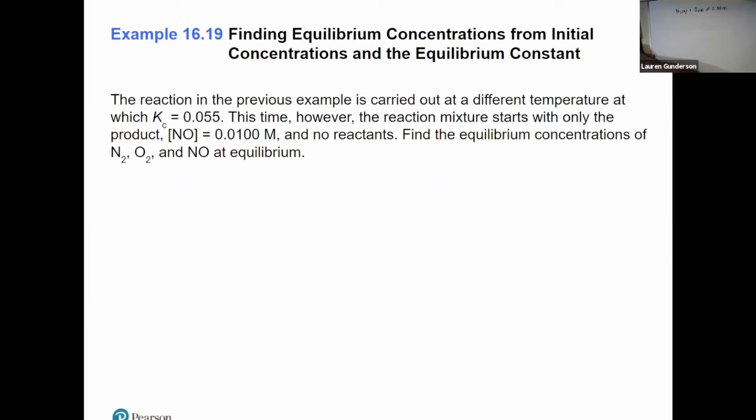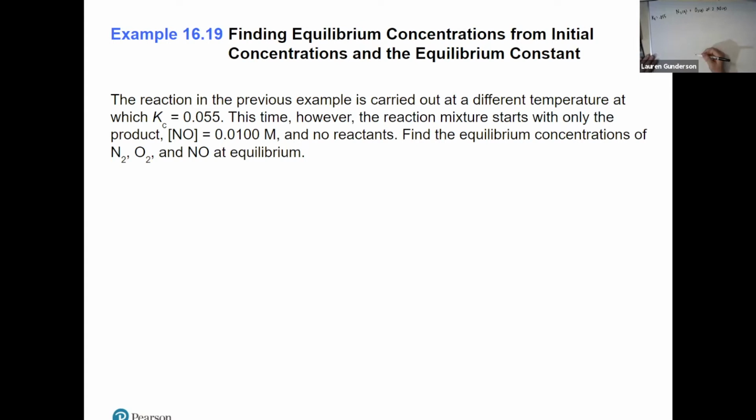Okay, let's look at one more example with the previous reaction. Here we have a different Kc value because we're at a different temperature. So our Kc here is going to be 0.055.